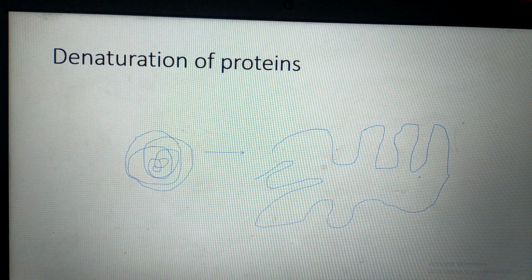Now from this figure what have we understood? On denaturation, first, the size of protein increases. Second, the amino acids which were previously close to each other now get separated from each other, and this is the reason why protein loses its function.